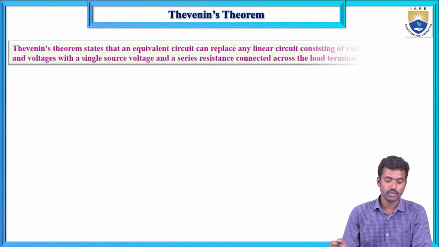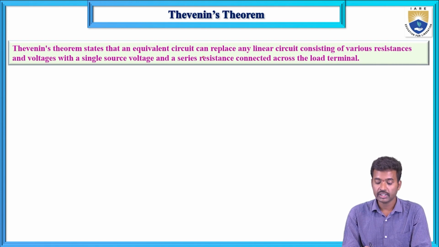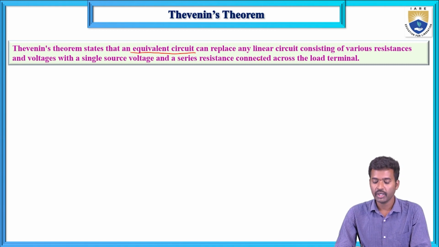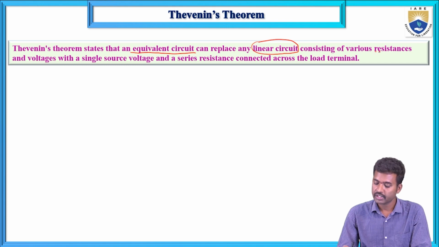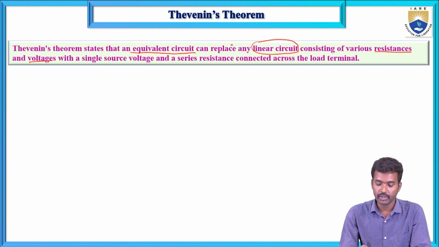If you see this statement, Thevenin's theorem states that a linear network consisting of a number of voltage sources, current sources and resistors can be replaced by a single equivalent circuit.